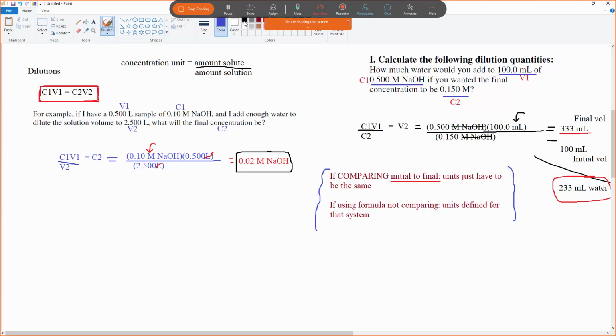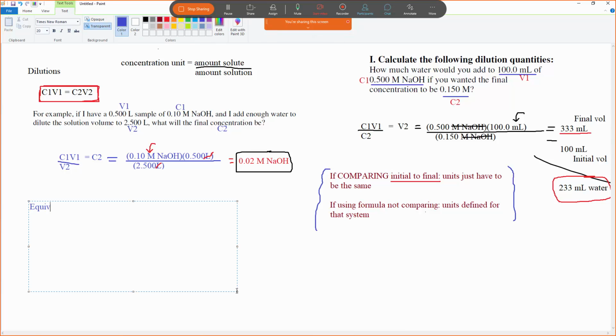Does that make sense? Okay, these are used when we are interested in the concentration of only one ion in a mixture of ions in solution.